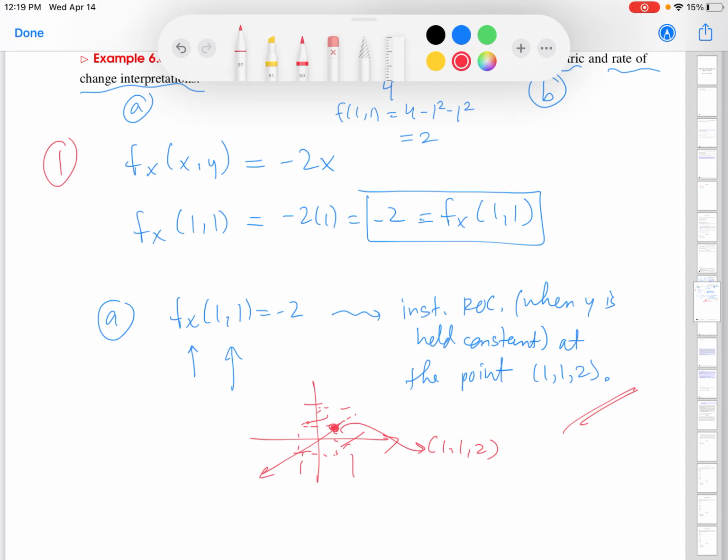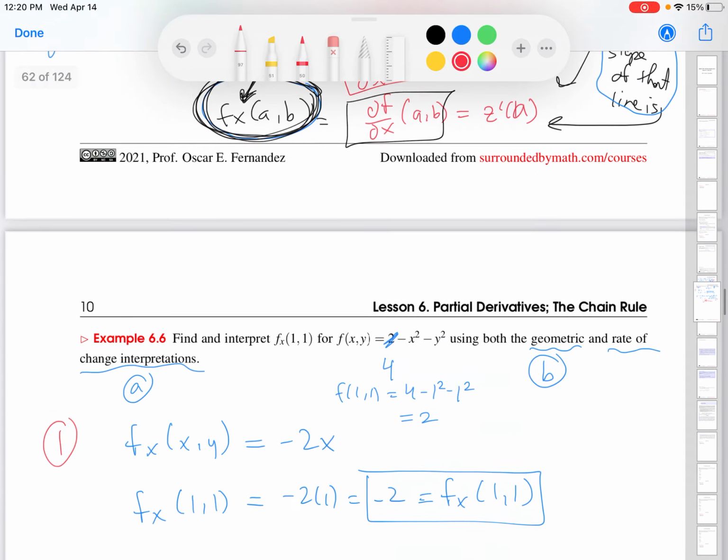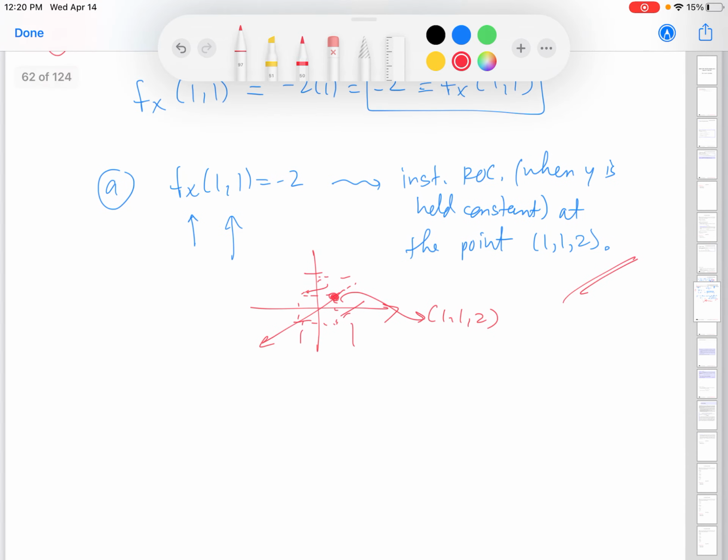So that's going to give somebody a lot of information, because the picture that, you know, it takes a while to develop all this intuition, but the picture that might come in their minds is, oh, if I look only in the x direction, if I slice the function to get this red curve that varies in x but stays constant in y, then the slope of that curve at this point is negative 2, meaning that the function is decreasing as I increase x values.